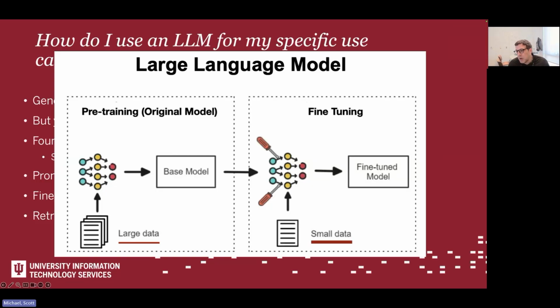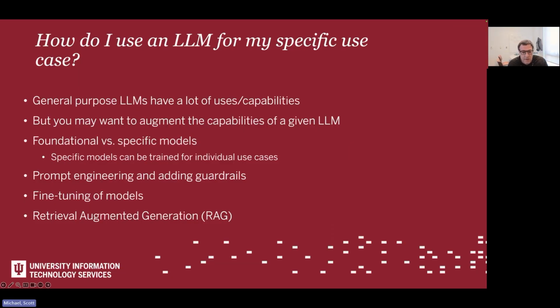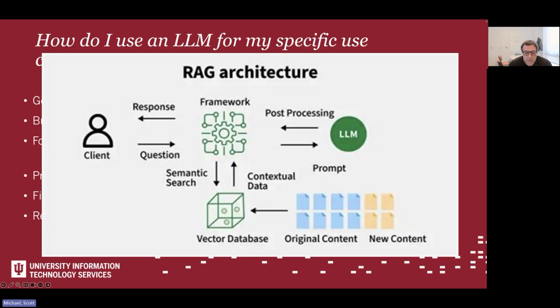So there are pros and cons, which I'll go over in a second, between fine-tuning and retrieval augmented generation, or RAG. In RAG, you don't actually change the model, but you provide some additional context to your query. Someone can ask a question. You have curated some data that's going to contextualize that question in a separate data store.